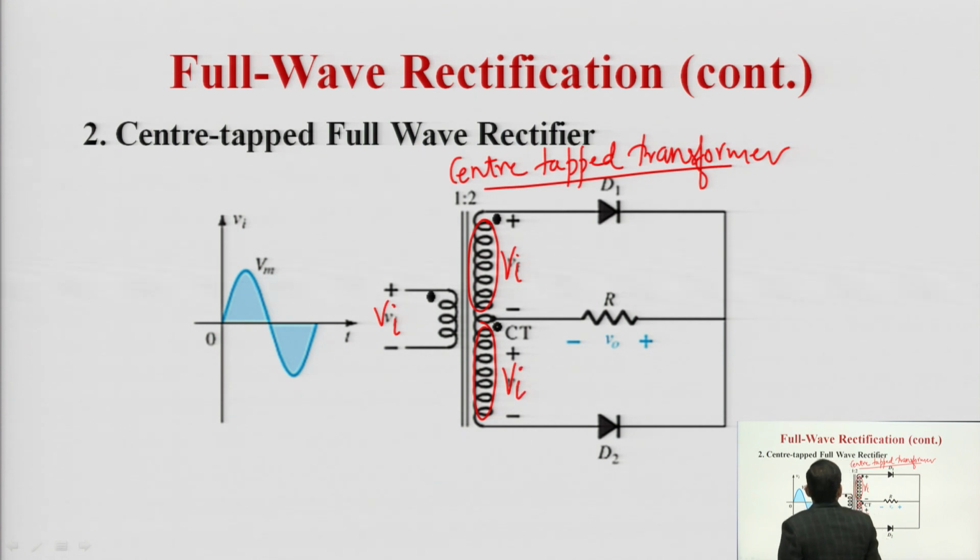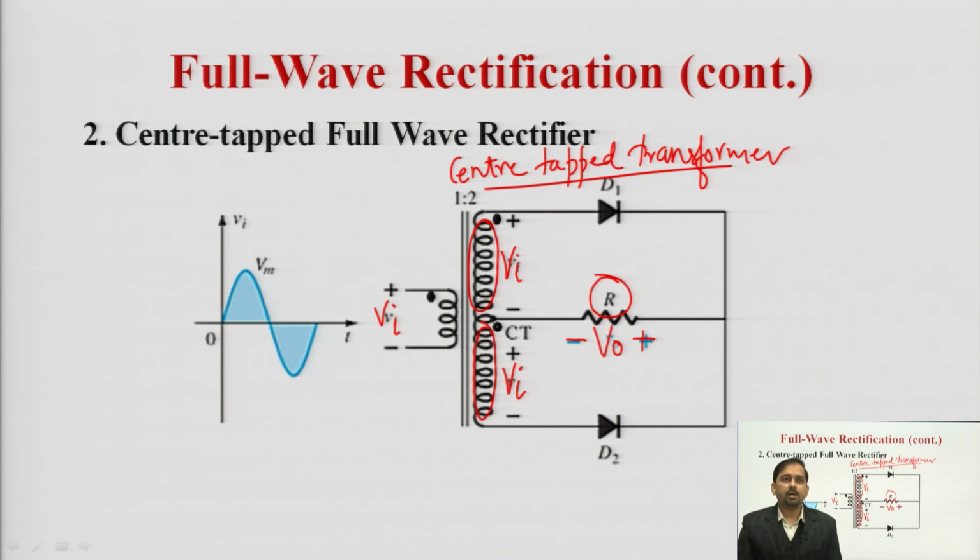A center tap full wave rectifier consists of a center tap transformer along with two ideal diodes and a load resistance R, and the output voltage will be calculated across the resistance R.